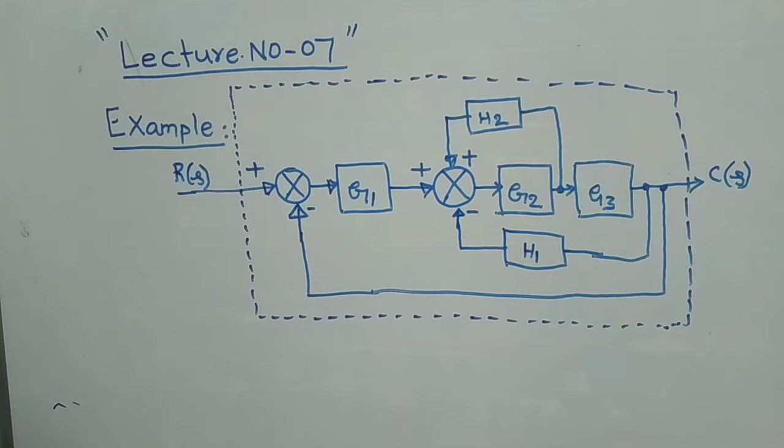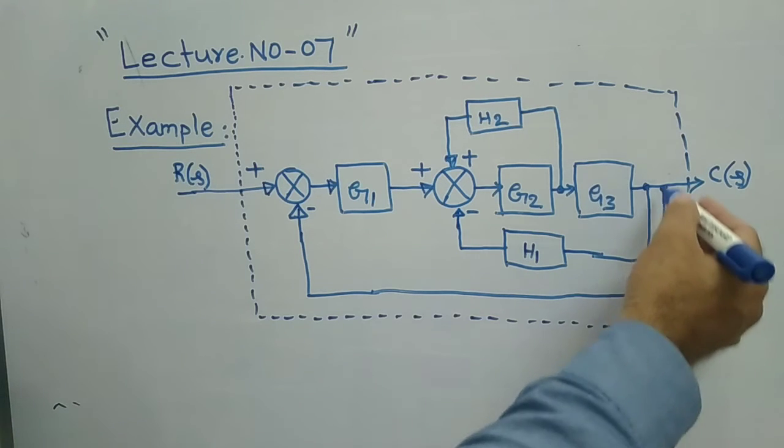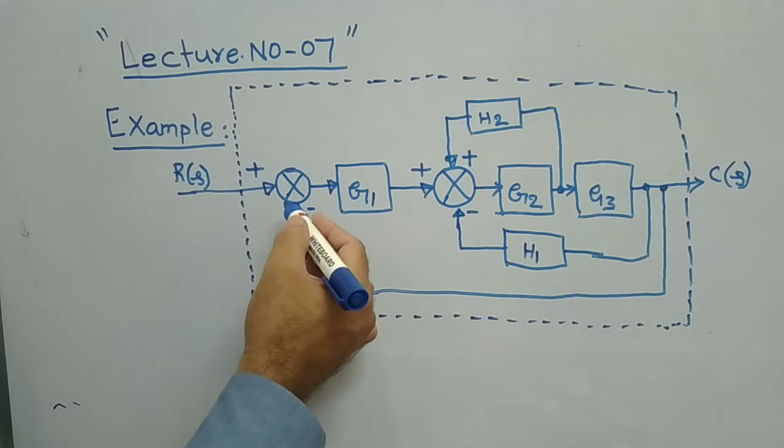The second thing is that in control system, in the first session or in the second session also, we have seen that some part or portion of output will be given as feedback to the input.